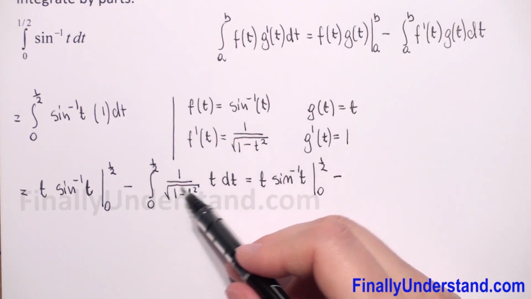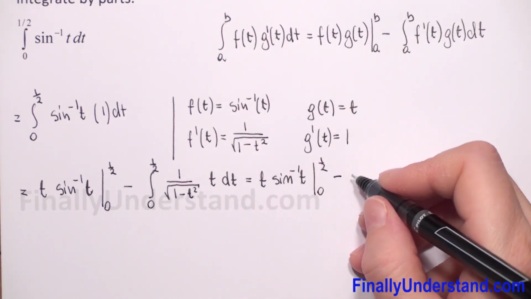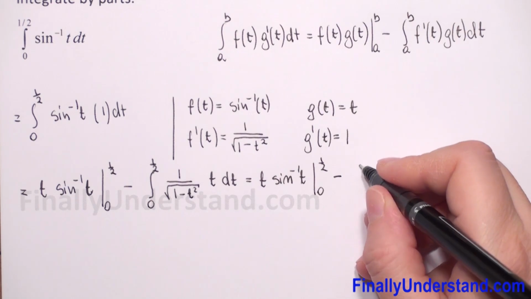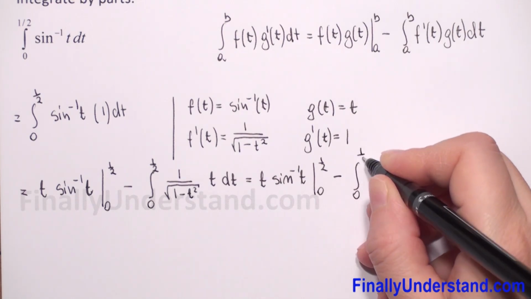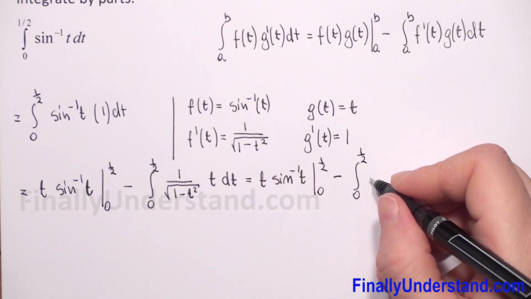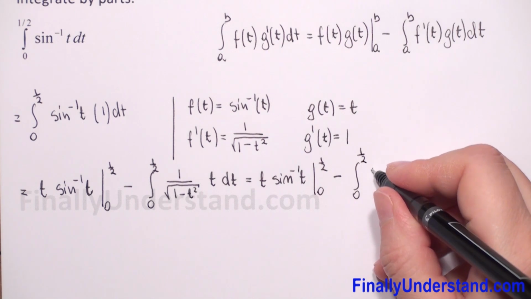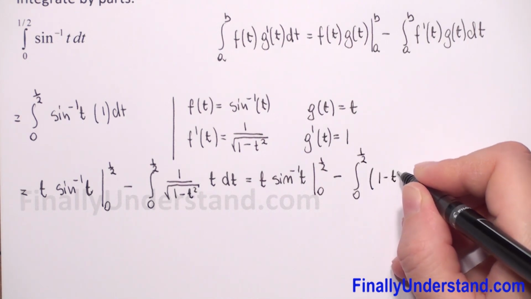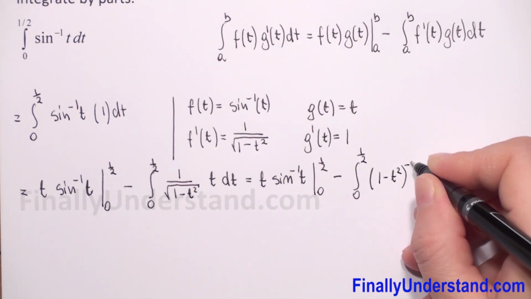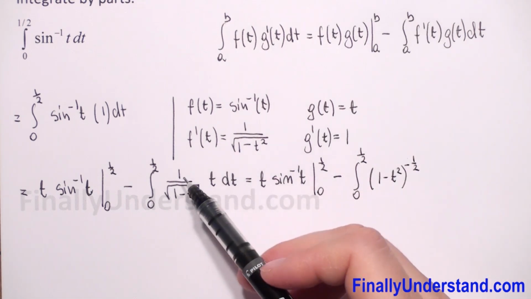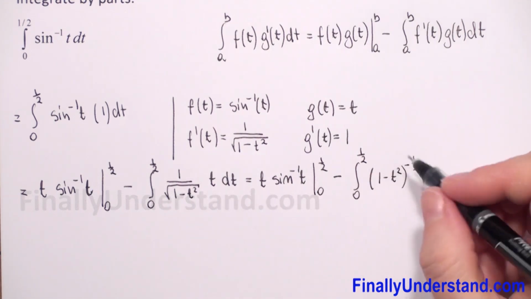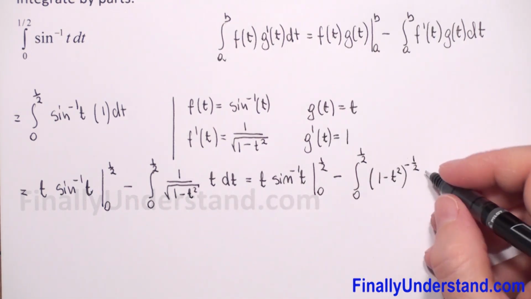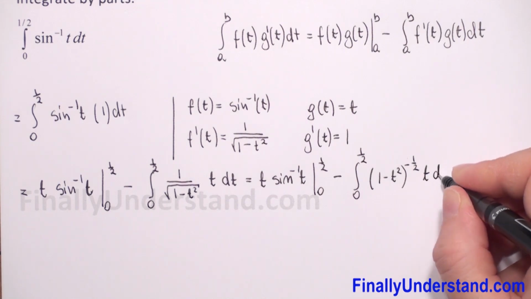First we can change the square root to power form. So we will have the integral from 0 to 1/2 of 1 minus t squared to the power negative 1/2, I changed the square root to power form, times t dt.